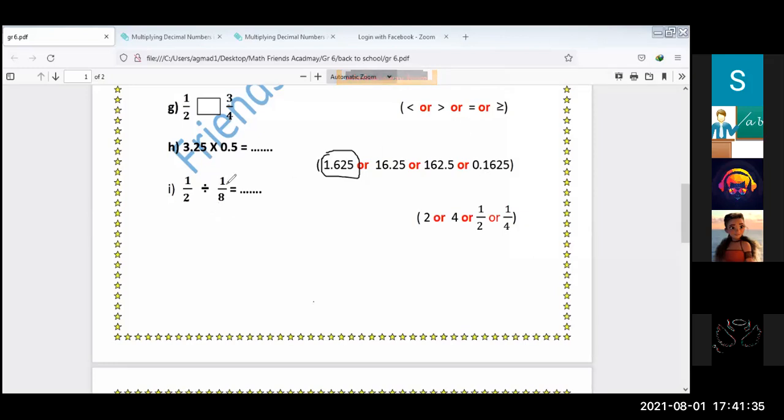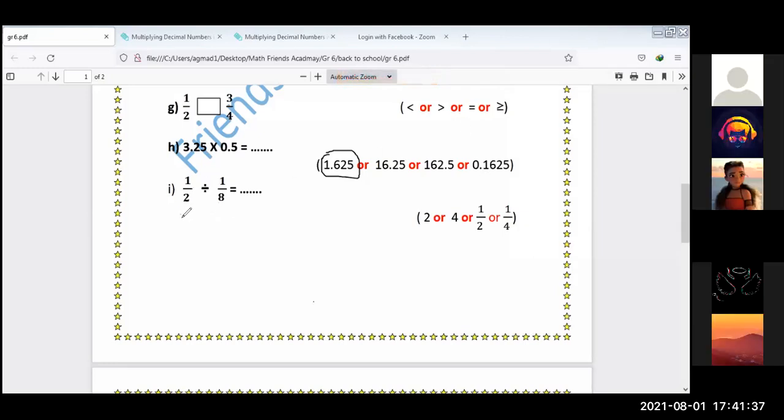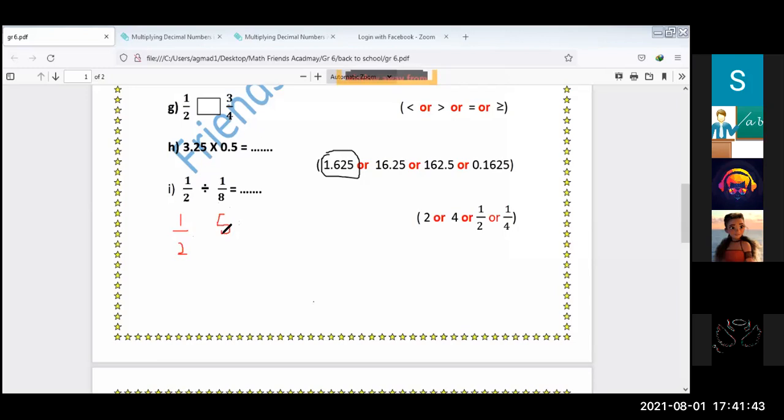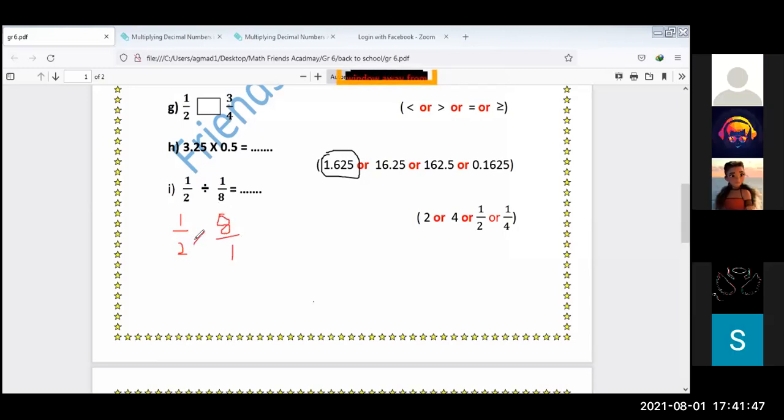Okay, 1/2 and 1/8. We flip it, 8/1. Yes, the division sign will be multiplication. Excellent. Do you remember something called keep, change, flip? KFC.